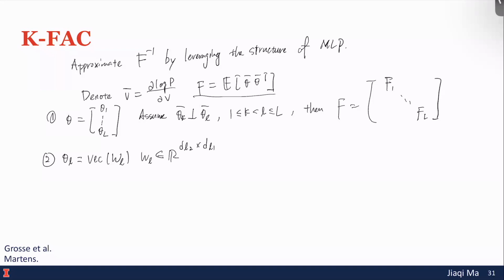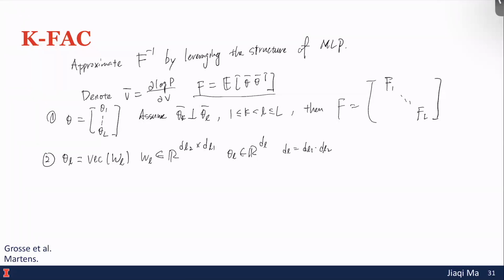And then essentially theta L is of size DL, where DL is DL1 times DL2, right? Theta is a vector doubled from a matrix.